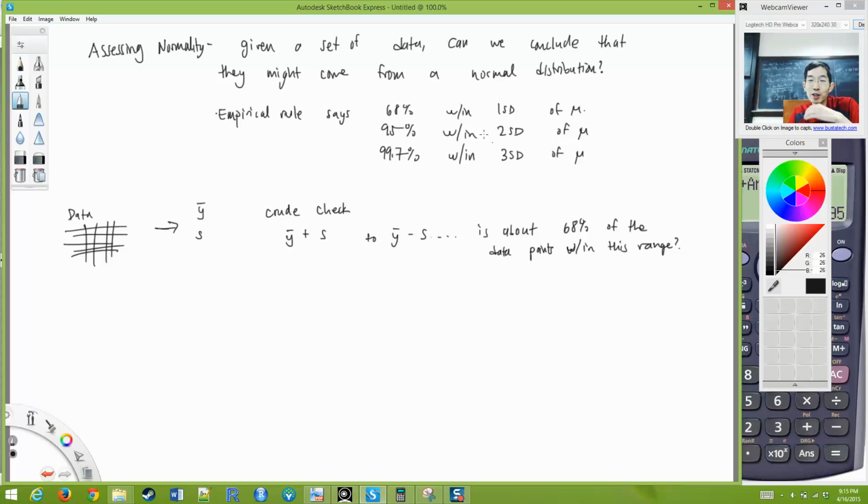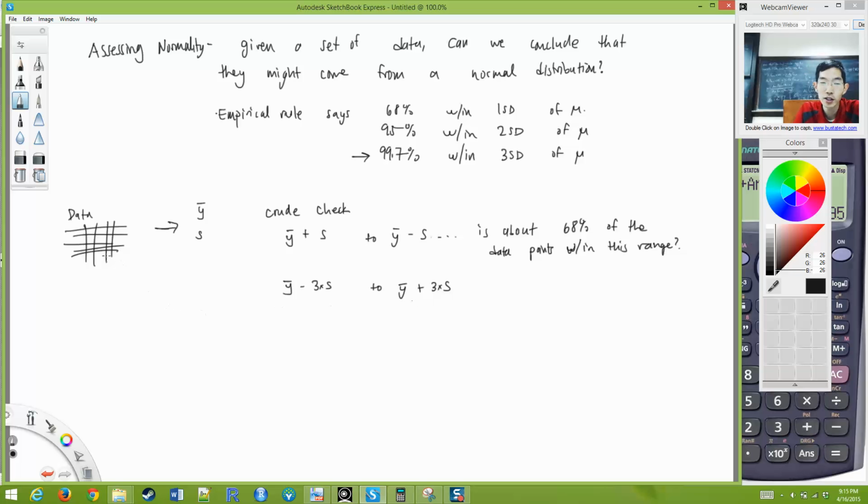I mean, here you just have 3 kind of checks, right? And usually the one that's going to be your biggest indicator that it might not be normal is going to be this last one, okay? So essentially, if you go y bar minus 3 times s to y bar plus 3 times s, that should cover almost everyone, right?